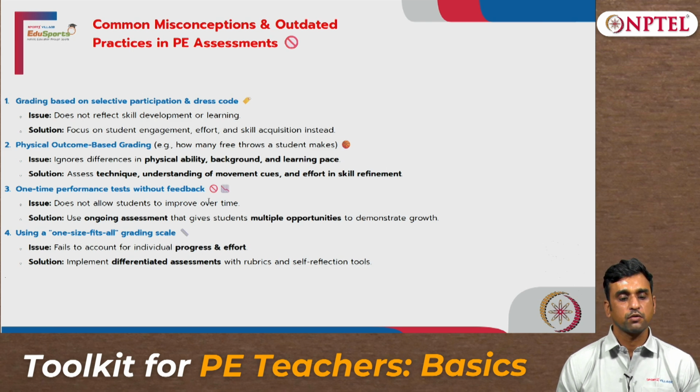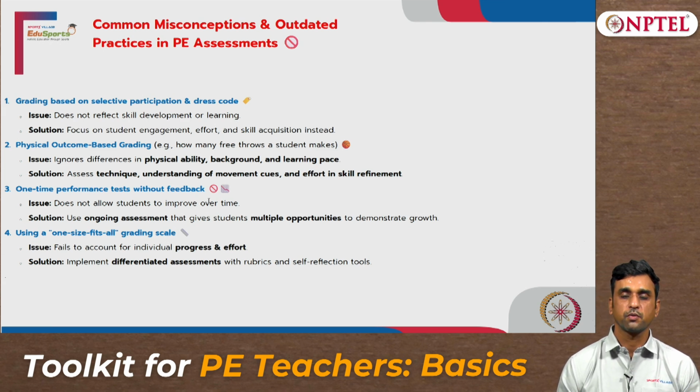Second is physical outcome based grading, which is how many free throws a student makes. It ignores differences in physical ability, background, learning pace, and it focuses on competition or score, where students then learn this bad habit of ignoring their technique, their form, and they're more concerned about the score.